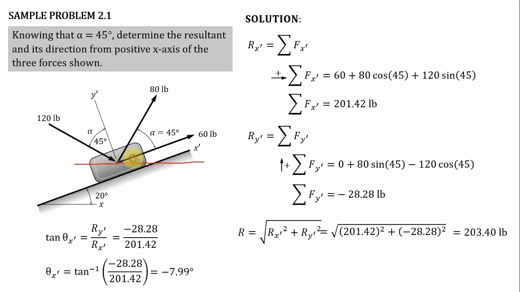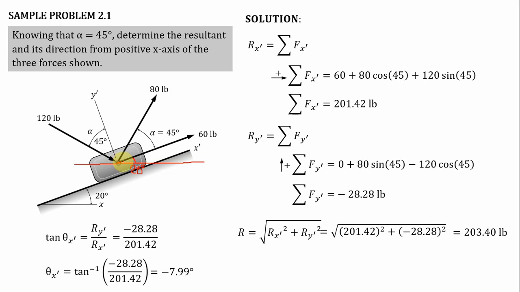Di ba 20 degrees ito? Kasi 20 degrees ito eh. And then, we know that yung theta x prime natin, ito yung x prime natin. So, therefore, yung resultant force natin is pababa siya with 7.99 degrees. Since ito naman is 20 degrees, so therefore, nasa loob siya ng 20 degrees.